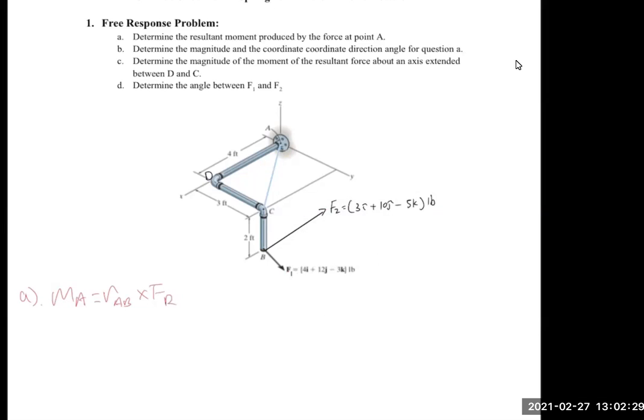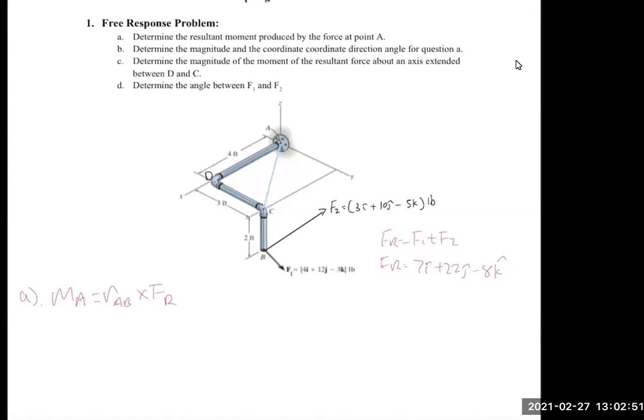So I have to find the resultant force. To find that, FR is simply equal to F1 plus F2. I got 7i plus 22j minus ak, right? And so I found my FR.